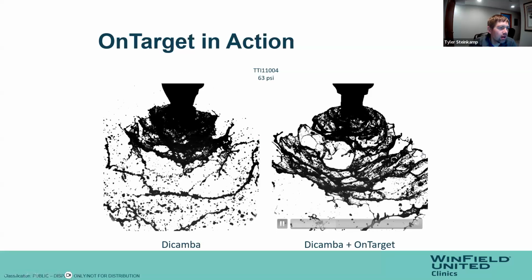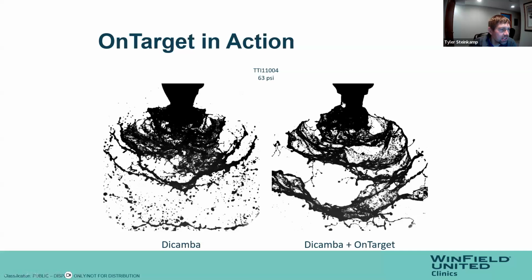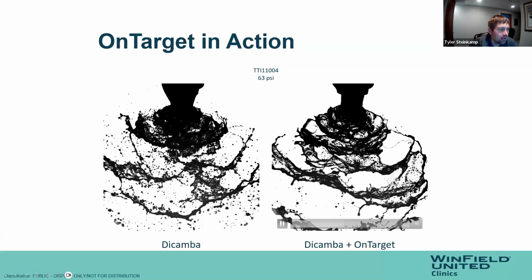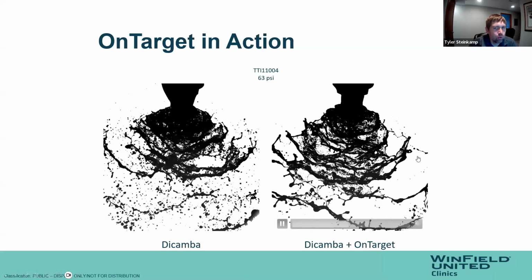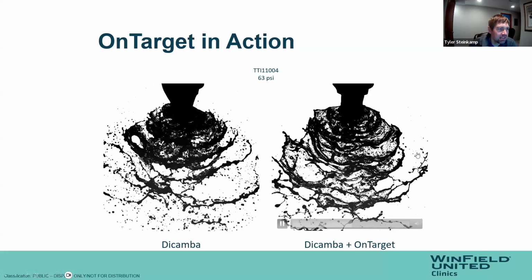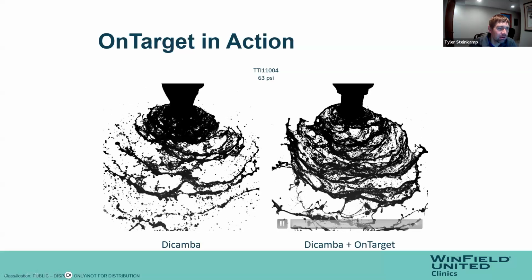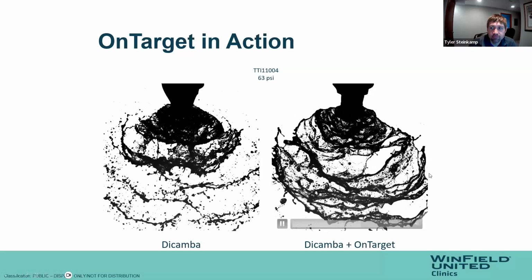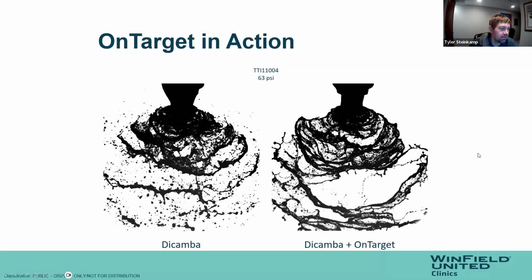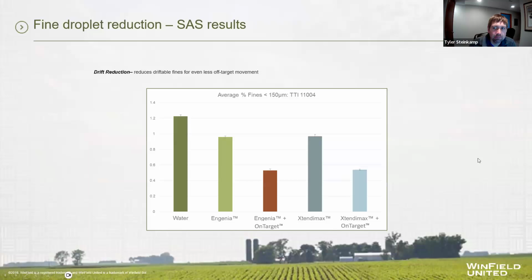And one of the things that I will say with a TTI nozzle, the On Target did work quite a bit better with the TTI nozzle as compared to an Interlock. Still got some benefit, but the On Target did work quite a bit better. And so here you can just see some of the work that we did with On Target and Engenia or Extendimax here. Okay.